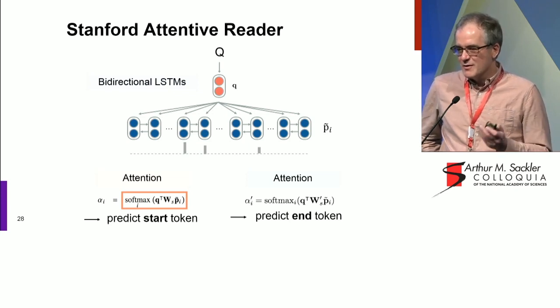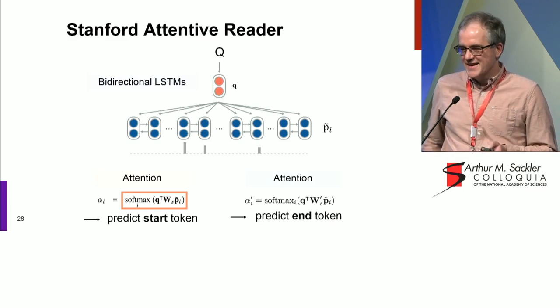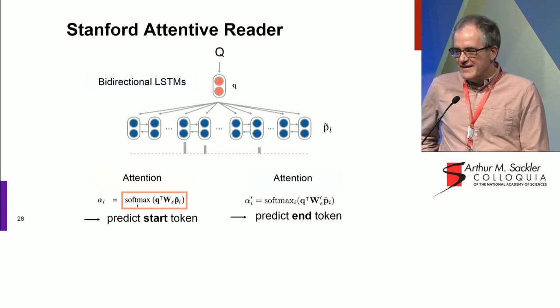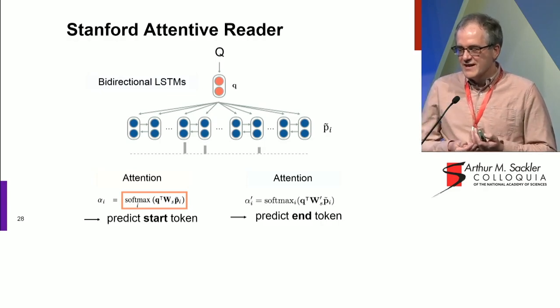But in the generalized dot product, we've got a matrix in the middle. So we have two different matrices for start and end. And so they can specialize to pick out different information. And again, you might almost wonder, how could this possibly work? But again, if you set up an objective of wanting it to give high probability to the right answer, the whole network will self-organize so it does learn.